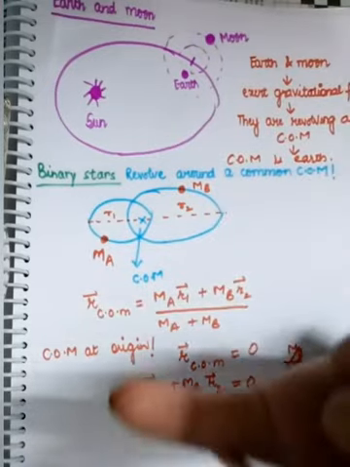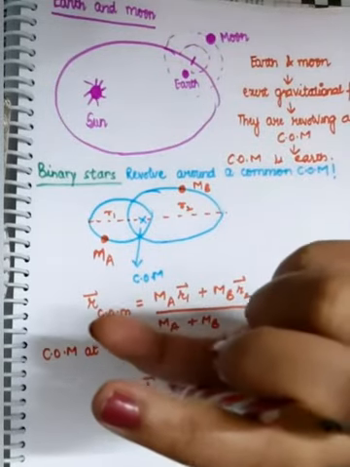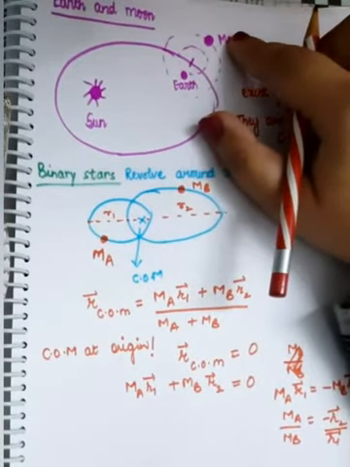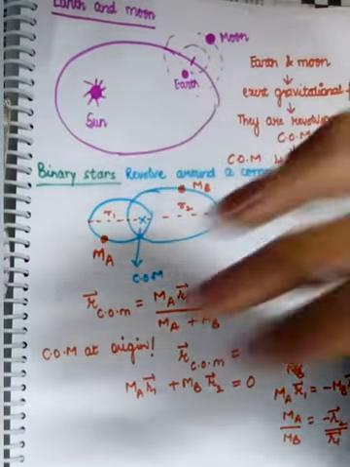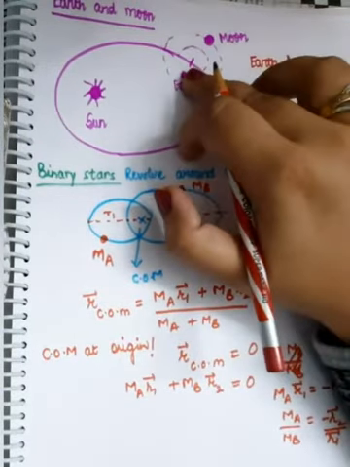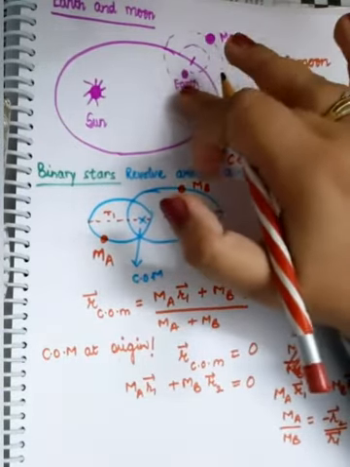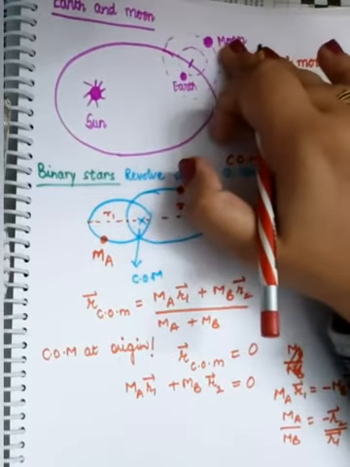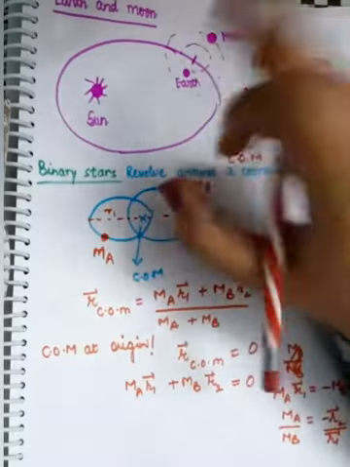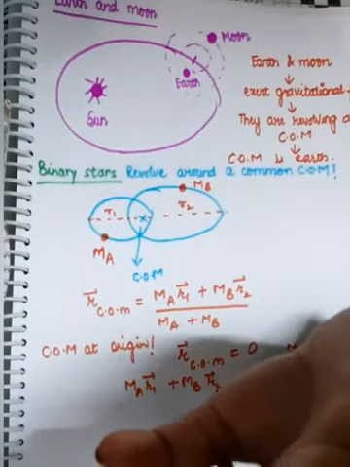Now there is a very good approximation that the Earth and Moon are exerting gravitational forces on each other. The Earth exerts the gravitational force on the Moon and the Moon exerts the gravitational force on the Earth. What does that mean?